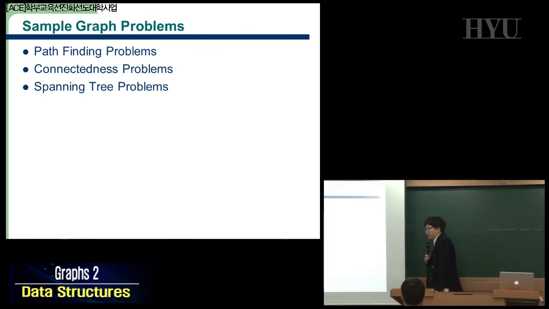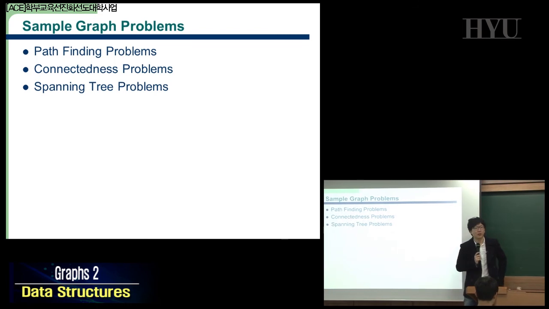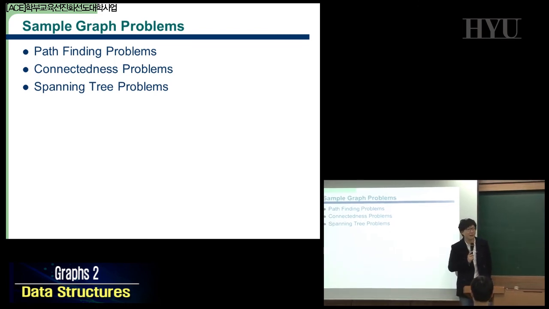Most of the graph related problems ask you whether you have a certain path in your graph. That's a path finding problem. This is also similar to another way of saying you're looking for a particular node in the graph.